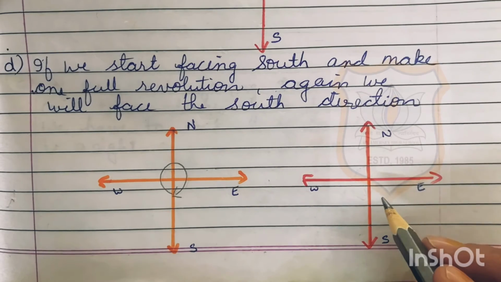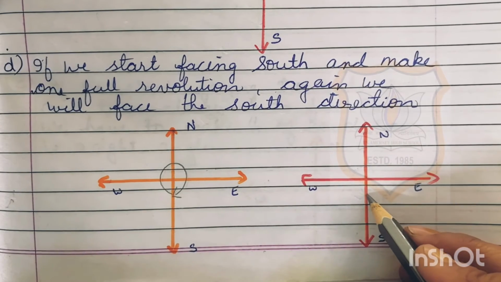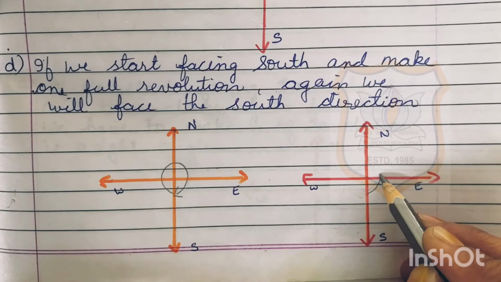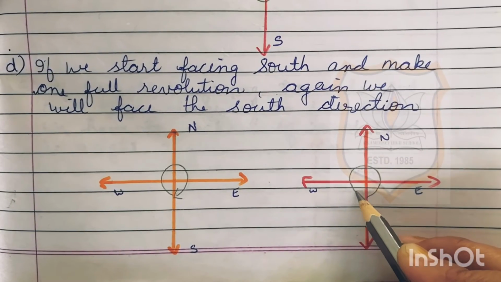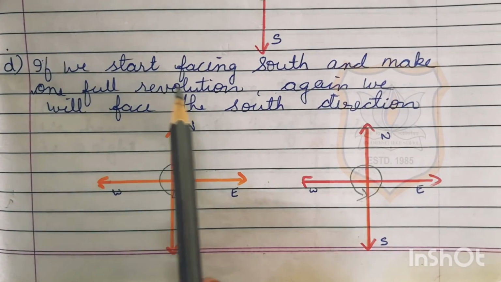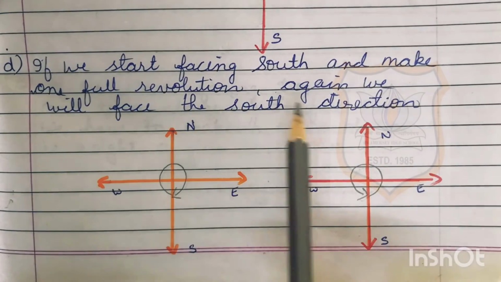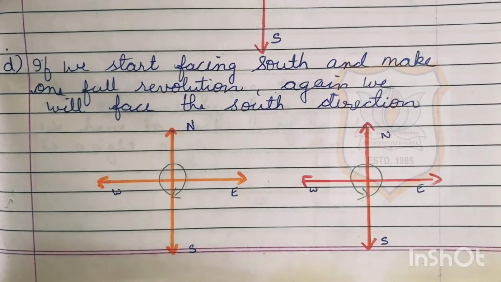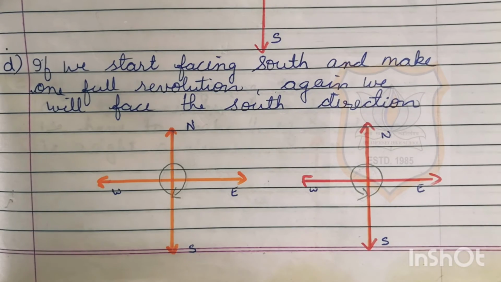And if we start from south and make an anti-clockwise revolution, then also we will be at south direction. If we start facing south and make 1 full revolution, again we will face the south direction. In case of revolving 1 complete revolution either clockwise or anti-clockwise, we will be back at the original position.